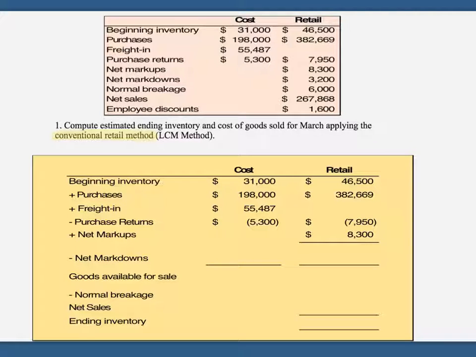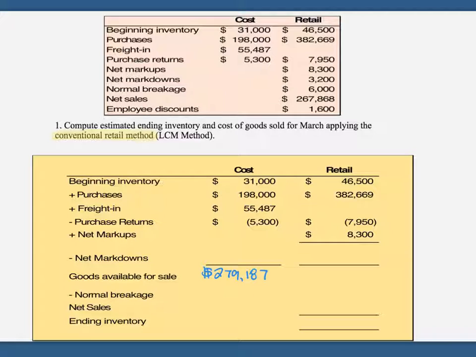Going down the cost method, everything has already been filled in for us. So we just need to calculate goods available for sale, and that's going to be $279,187.